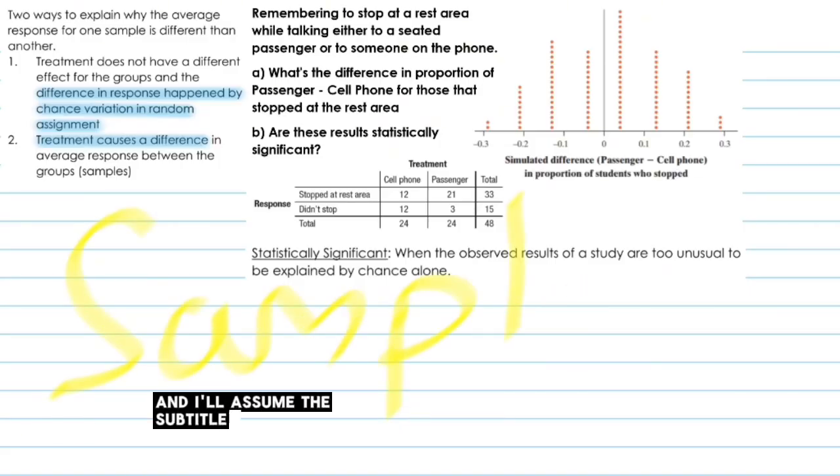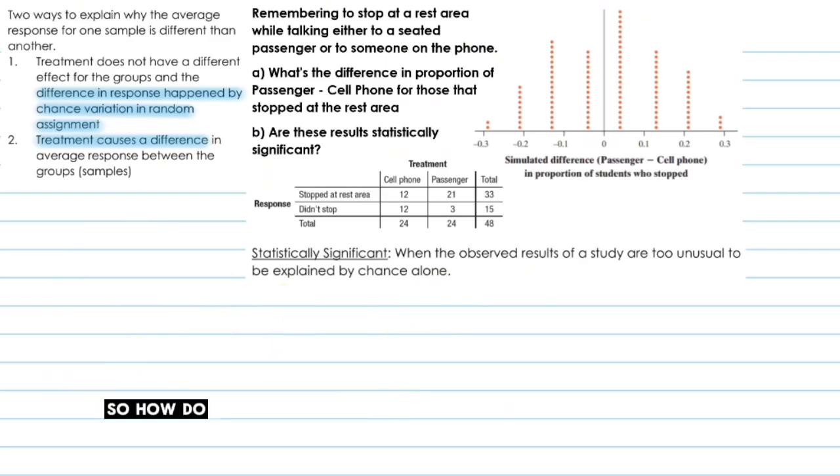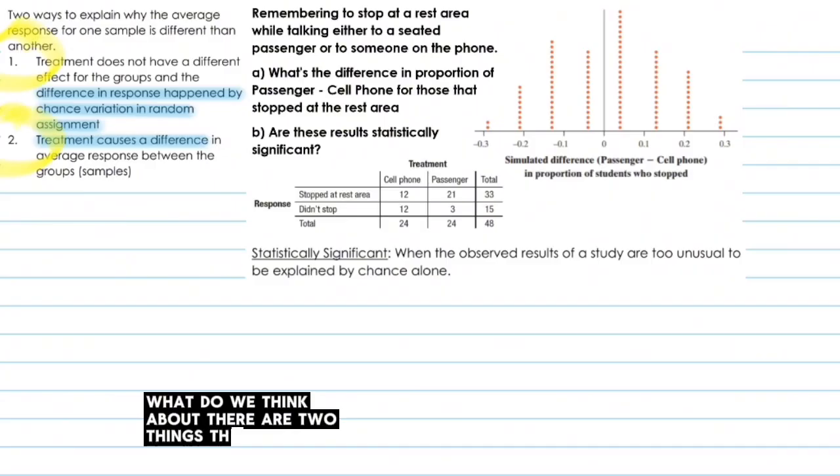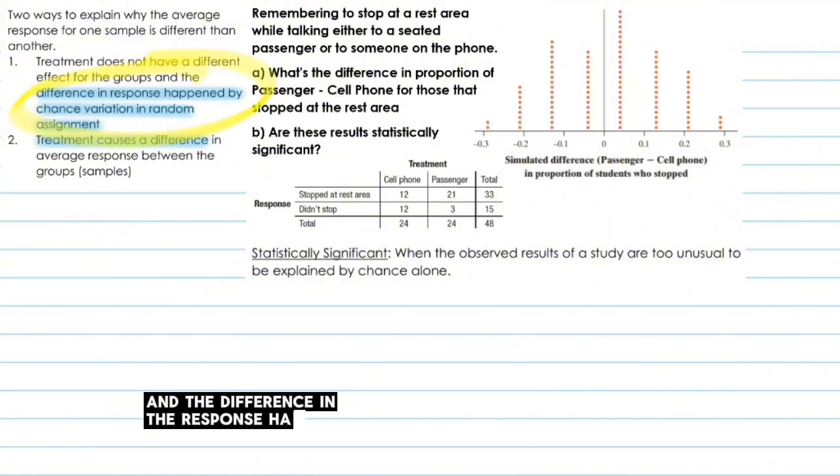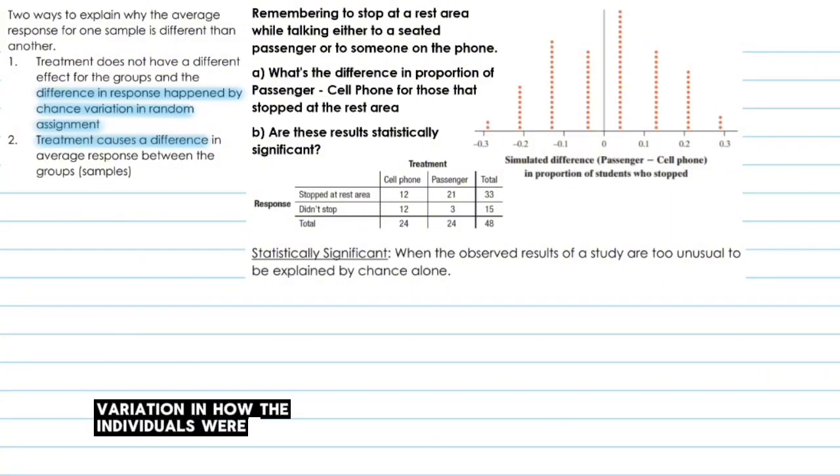So how do we account for sampling variability? There are two things that you consider in order to justify that sampling variability. One thing is, the treatment that you are imposing does not have a different effect for the groups, and the difference in the response happened by simple chance variation in how the individuals were randomly assigned.